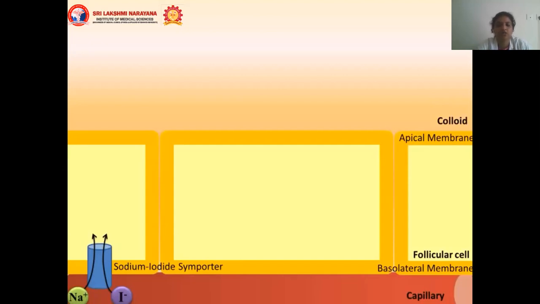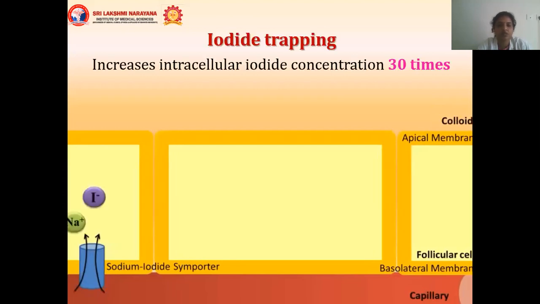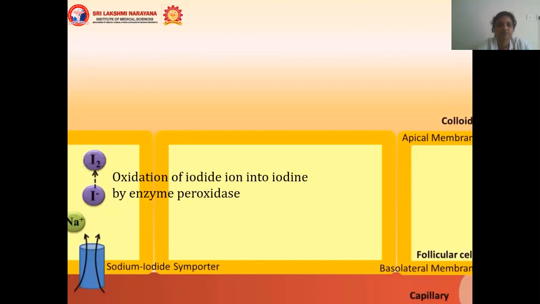So hence it is called as the secondary active transport. So now once the sodium and iodide are taken back into the cell, the iodide trapping occurs. So iodide trapping increases the intracellular iodide concentration by around 30 times.